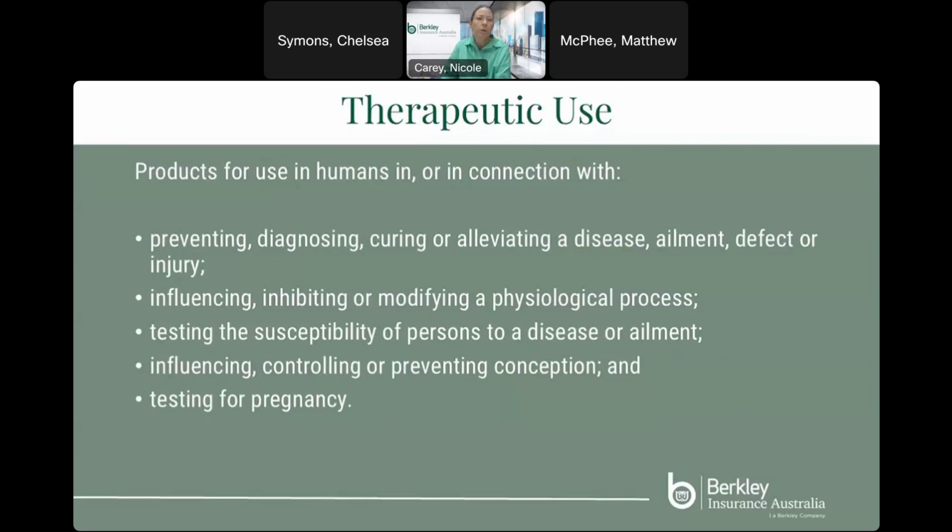So it's products for use in humans or in connection with preventing, diagnosing, curing, or alleviating a disease, ailment, defect, or injury. Influencing, inhibiting, or modifying a physiological process, testing the susceptibility of a person to a disease or ailment, influencing, controlling, or preventing conception, and testing for pregnancy. So you can see there that covers a very broad range of products, devices, medical devices, and products.